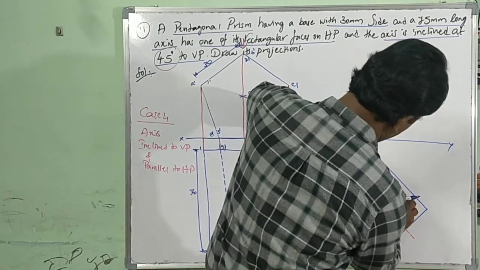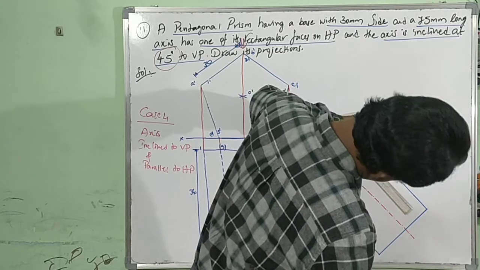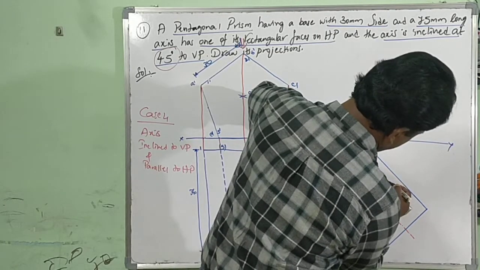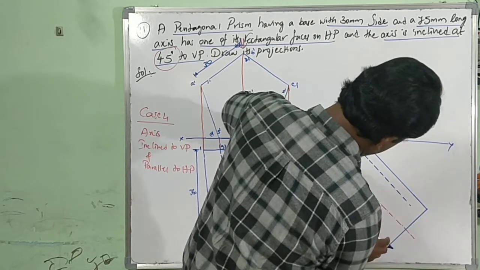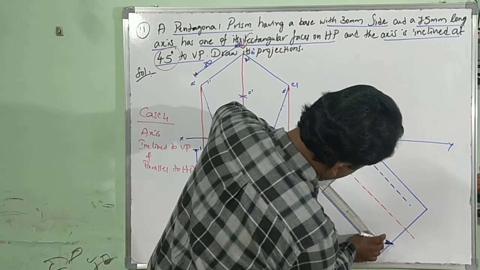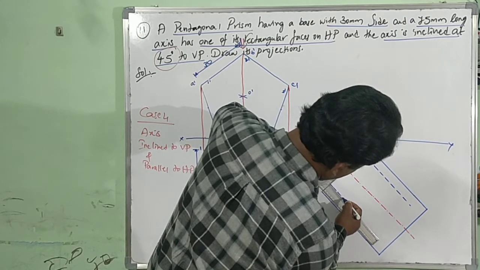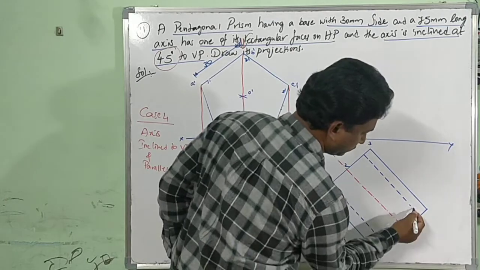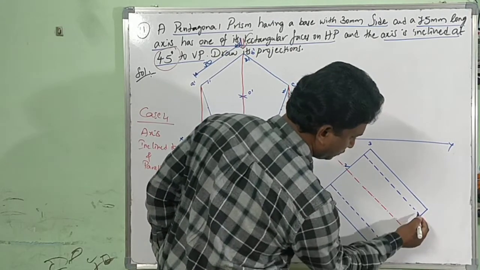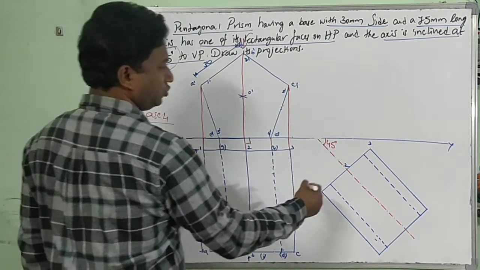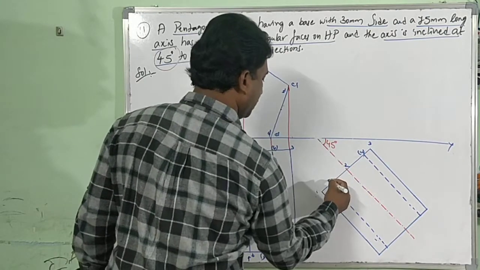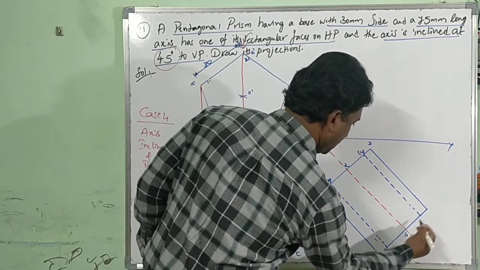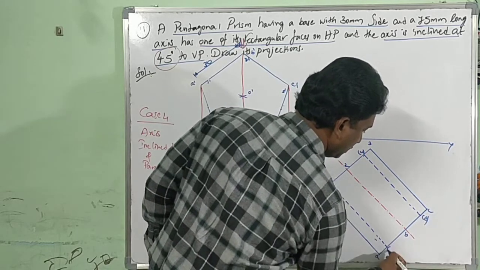Those lines are to be drawn here like this. Same hidden lines. One, two, three, 4 hidden, 5 hidden. A, B, C, D, E.